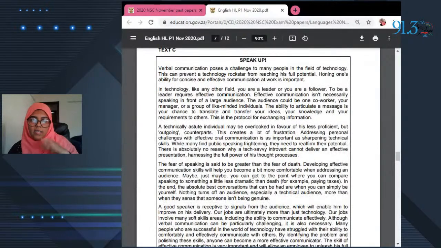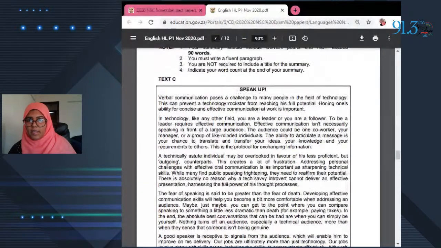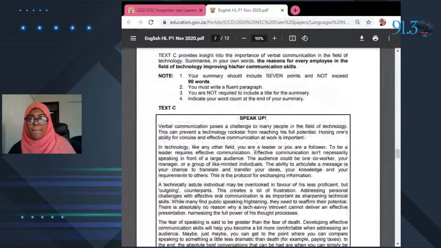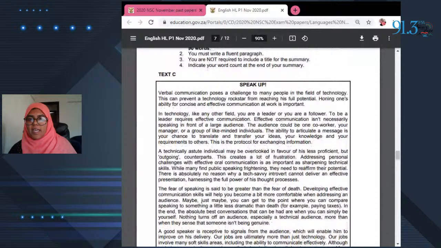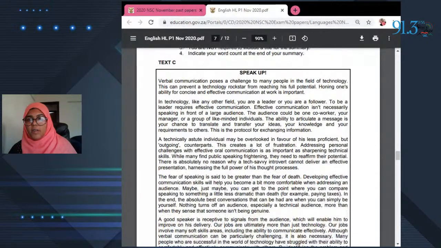So, in this text, we are looking specifically for 7 points, which is the reasons for every employee in the field of technology improving his or her communication skills. So, just as examples, in the first or second sentence, they say, verbal communication poses a challenge to many people in the field of technology. This can prevent a technology rock star from reaching his full potential.